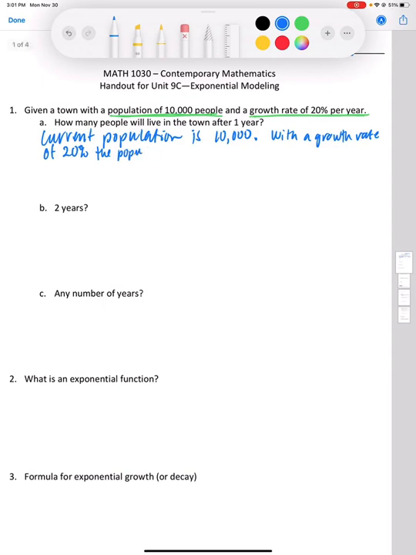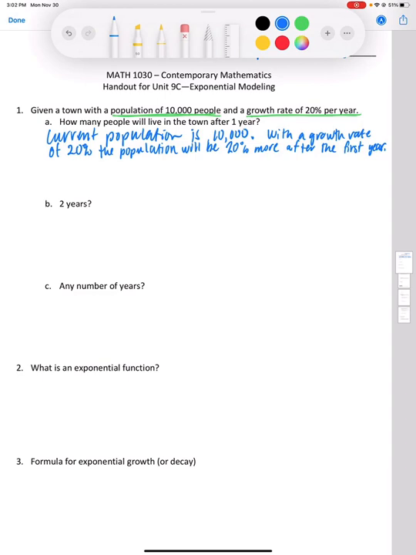So the population will be 20% more after the first year. Okay, so how can we calculate that?